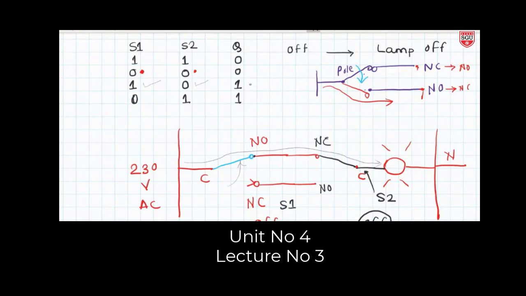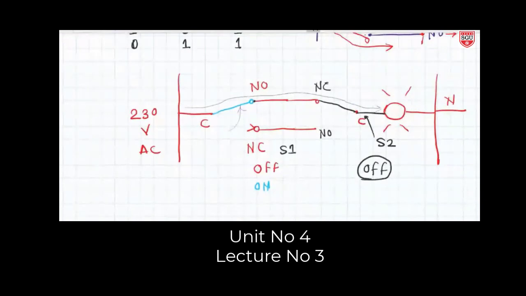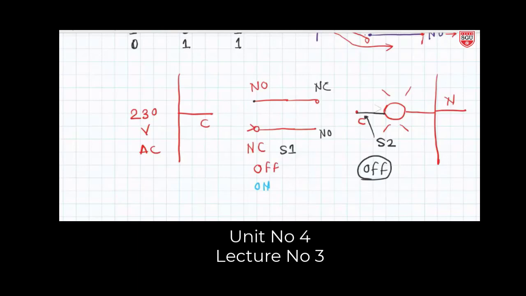Similarly, we can apply by considering the previous consideration. I will keep S1 off, means I will not take any action, as it was previously. S1 is in off position now, third, and I will make S2 on, means I will just turn on S2.